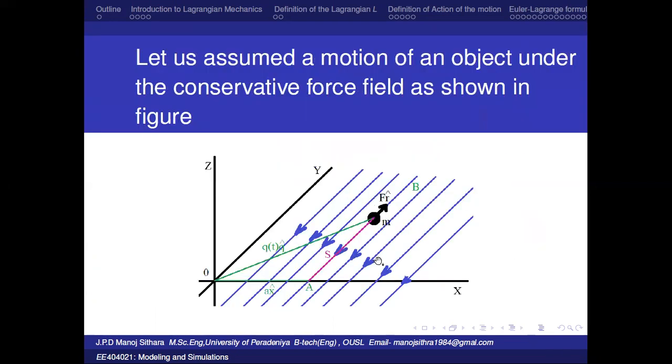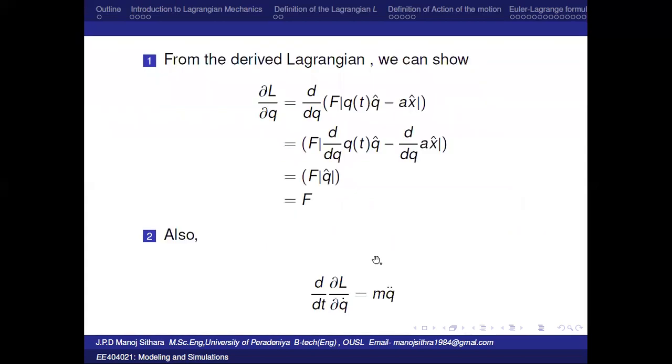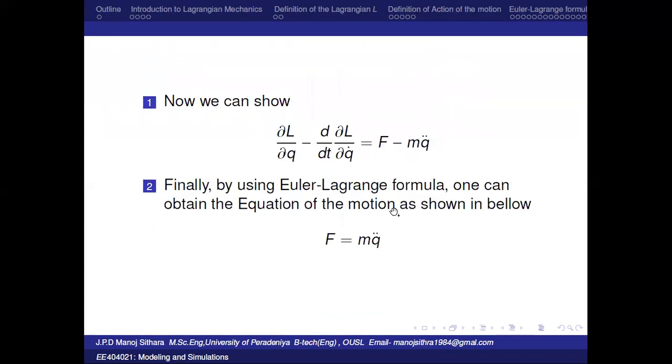Okay? So at the end of the day, we have the abstract proof for the F equals m a type solution, right?